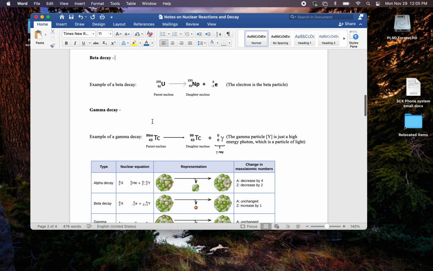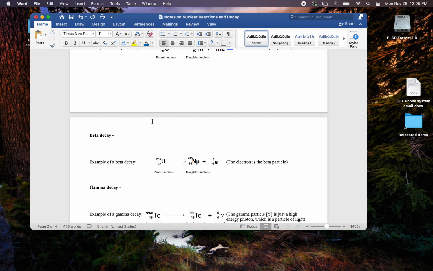I'm going to finish off today with beta decay and gamma decay. Beta decay has a middle amount of energy.